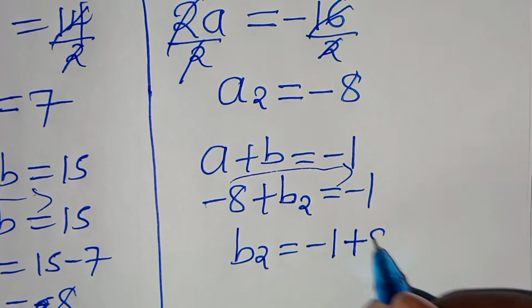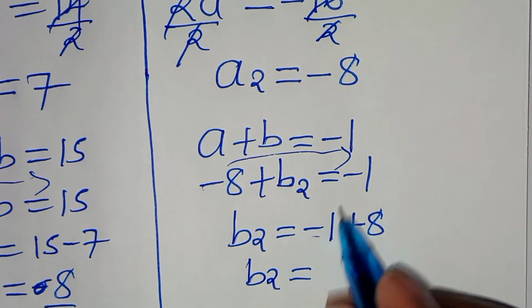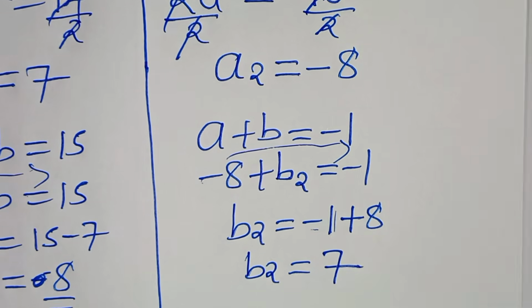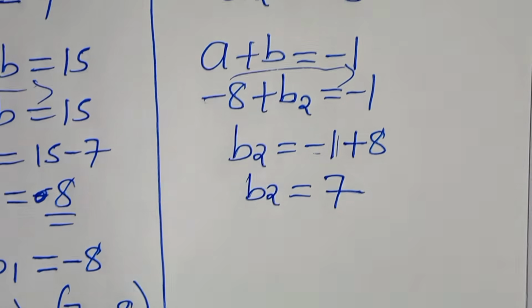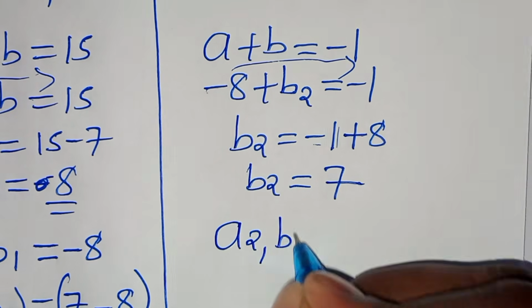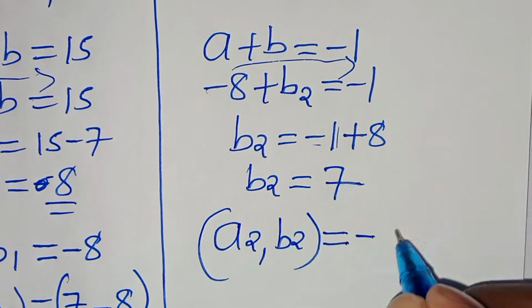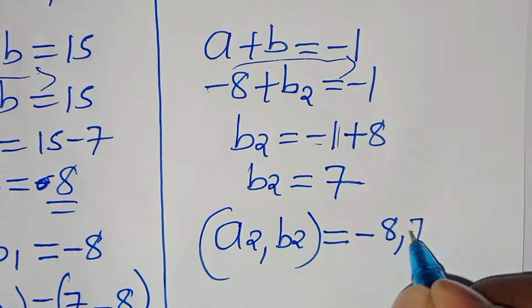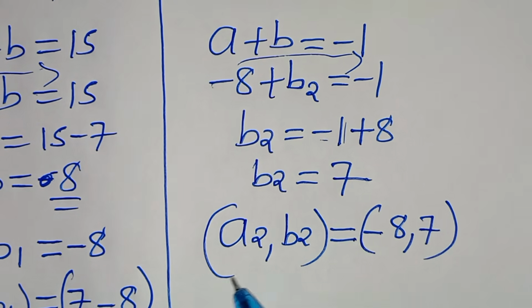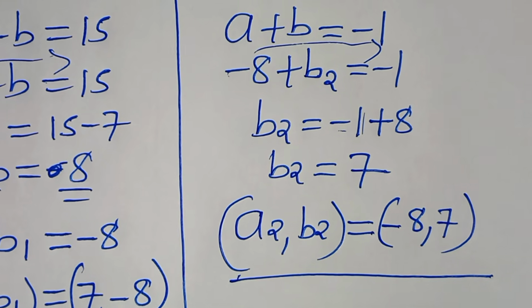This becomes plus 8. So B2 is equal to minus 1 plus 8, which is 7. So A2, B2, the second set of solution, is minus 8, 7. This is the second set of solution that we have.